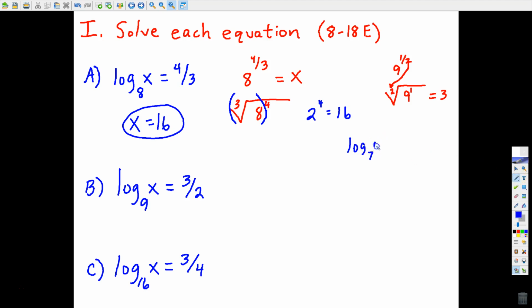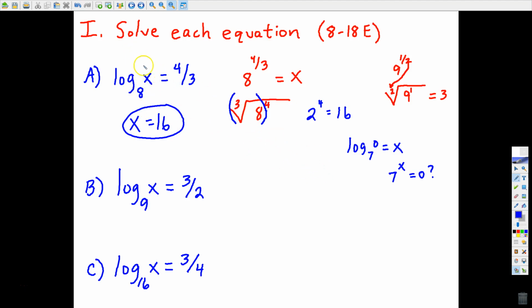0 equals x, which means you're going to take 7 and raise it to some power and get 0. That should be raising a question mark in your head. How can I raise something to any power and make it 0 when the base of the log can't be 0?